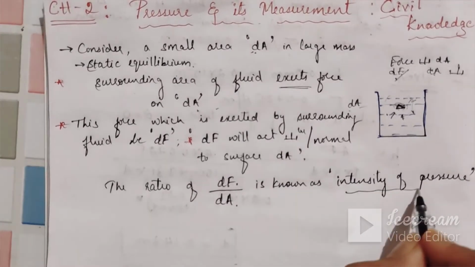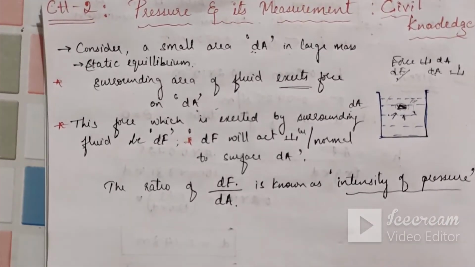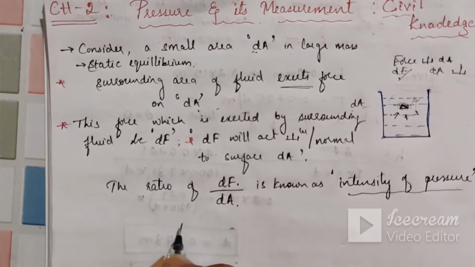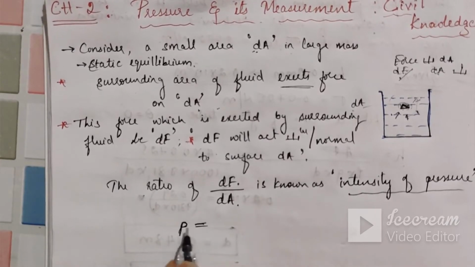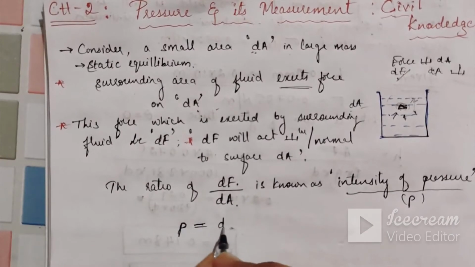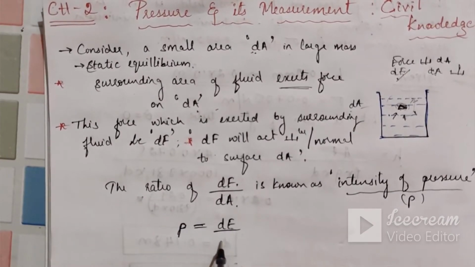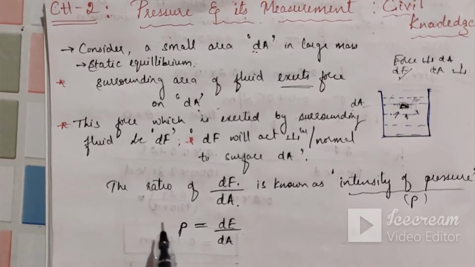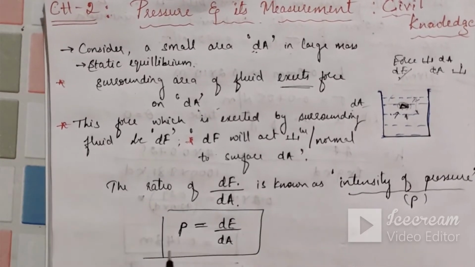Generally we will call it only pressure. This ratio is represented by the small letter P. So P is nothing but the intensity of pressure, the small force acting on the small area dA.